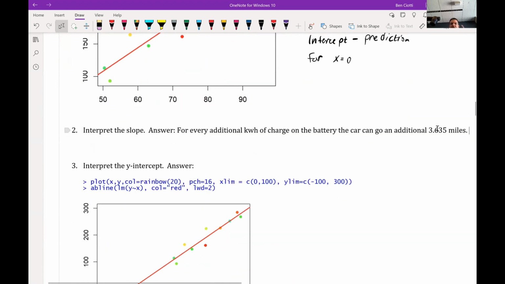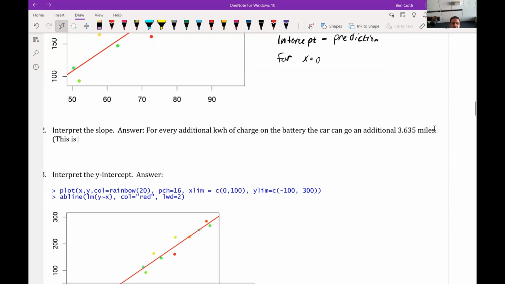So in fact, you know how when you buy a car, you typically want to check how many miles per gallon it gets. This is like the miles per kilowatt hour that it gets. So this is a very important number that you would want to know if you were thinking about buying an electric car.